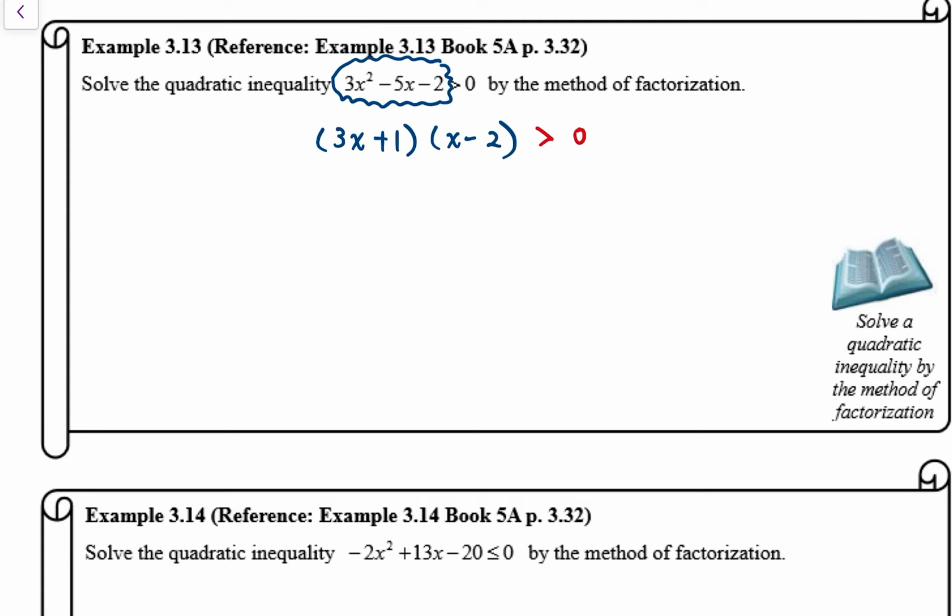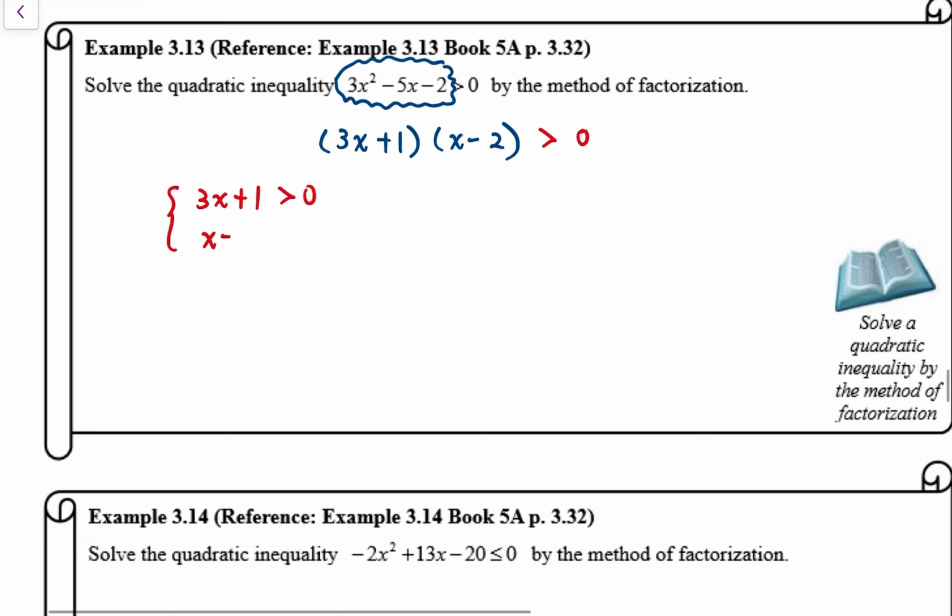So we can rewrite the quadratic inequality. Since we have these two factors multiplied greater than 0, it could be both positive. 3x plus 1 greater than 0 and x minus 2 greater than 0.